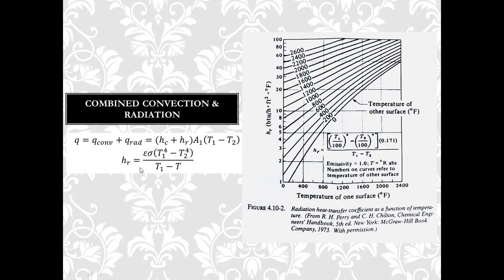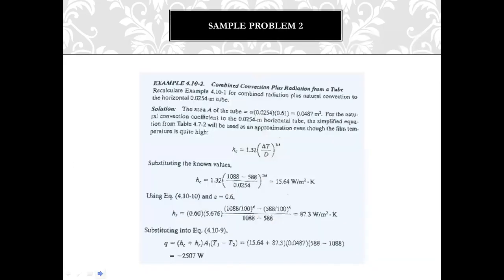So it will now be using the emissivity, the constant, and the two temperatures as shown in here. Now, this particular formula is best explained by the use of a sample problem. Okay, so we will go to the sample problem that will be using this particular formula.